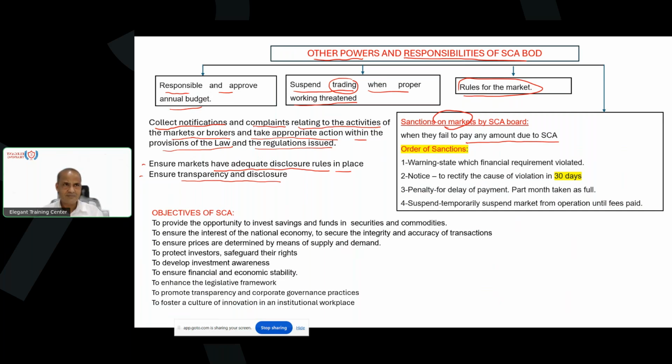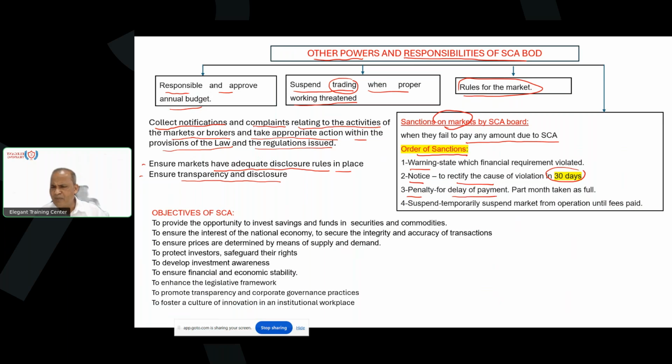Sanction means what? Sanctions can be some prohibitions, right? Let's understand. Now, you have to memorize the order of sanctions. First, warning. Then a notice to rectify, and within 30 days the defaulter has to rectify.